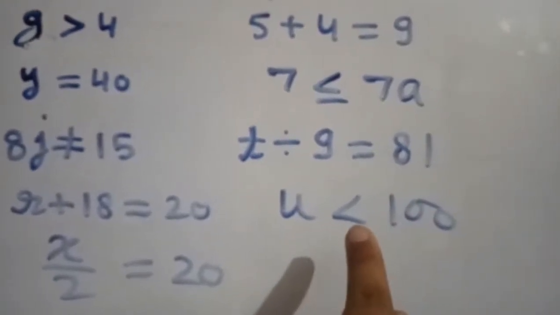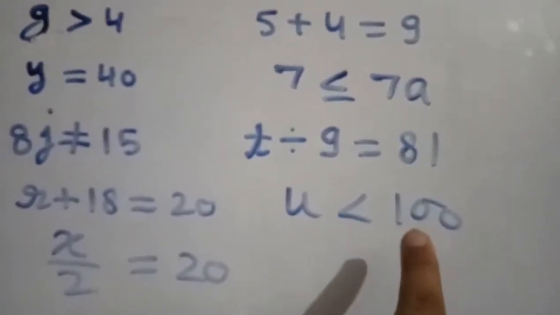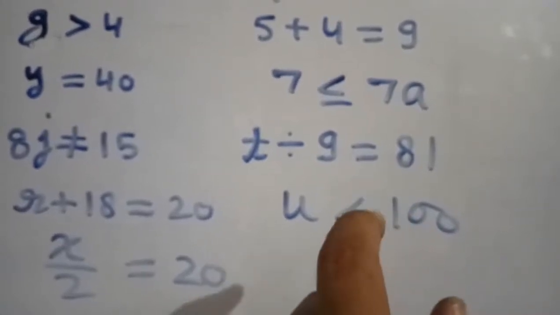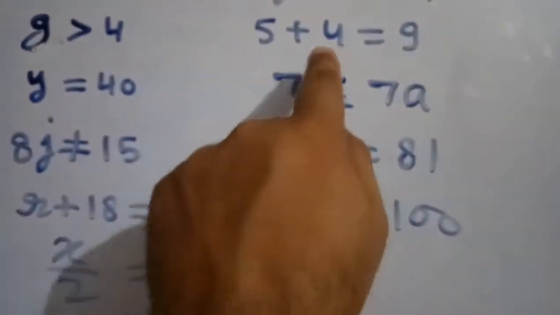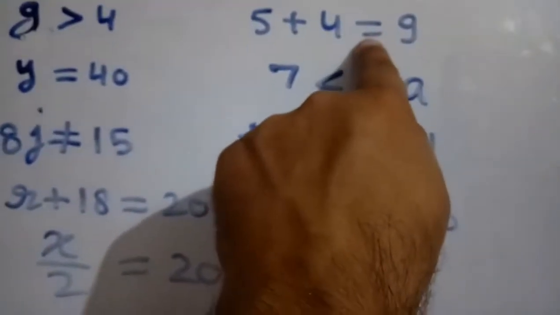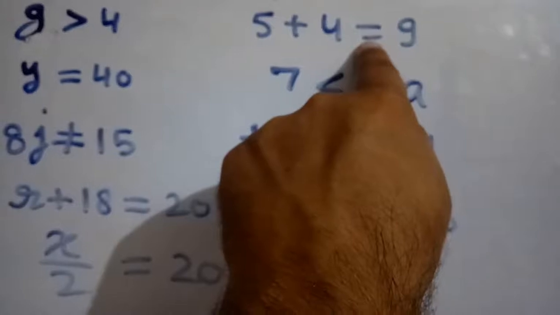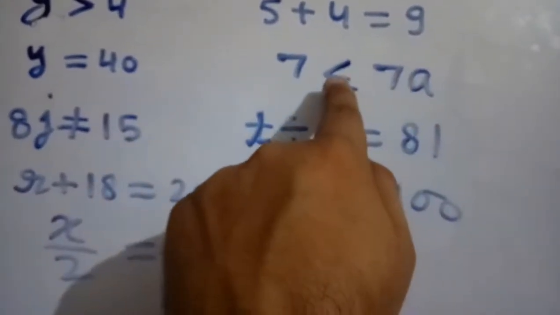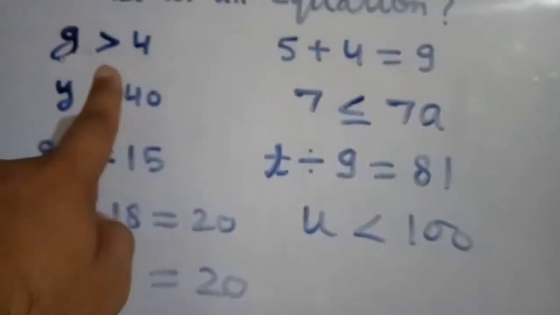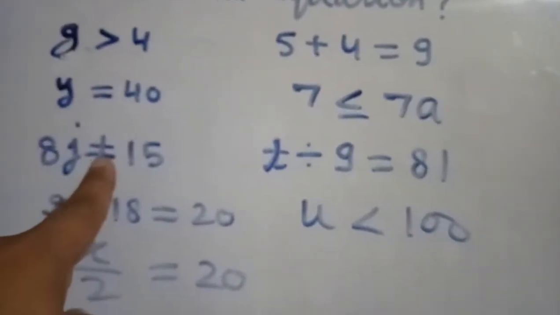And u is smaller than 100, this is not an equation because an equation consists of three parts: left hand side, right hand side, and equal sign. It must have an equal sign in place of smaller than, greater than, and not equal.